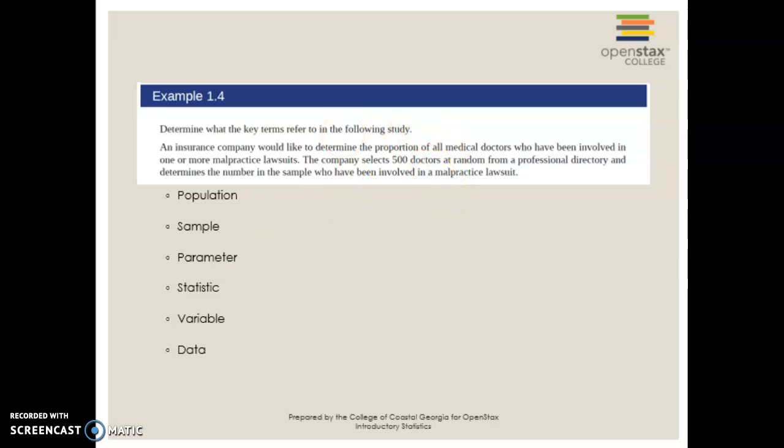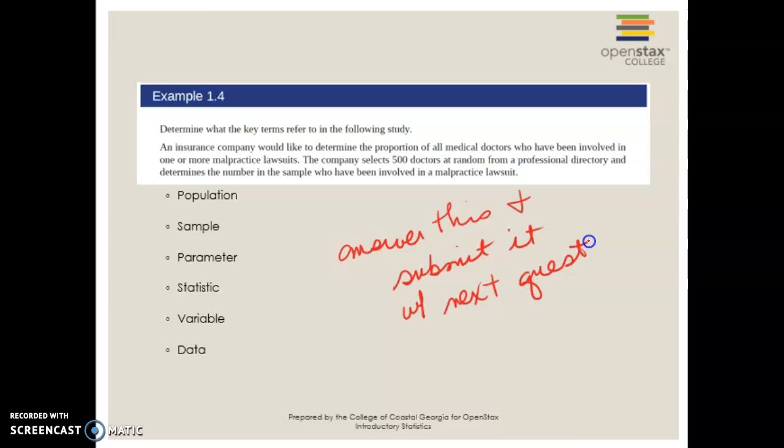This one I want you guys to go ahead and answer and submit it with the next question that I've got for you. There is one more that you're going to have, and you'll submit that as your assignment for this. Okay?